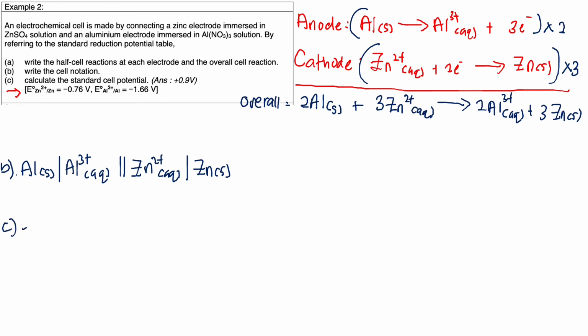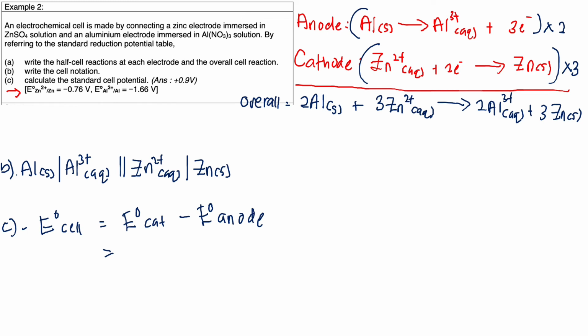And lastly, C. Calculate the standard cell potential, which is E naught cathode minus E naught anode. Fun fact, everyone. As you can see at the beginning, we have to multiply the anode with 2 and the cathode with 3.